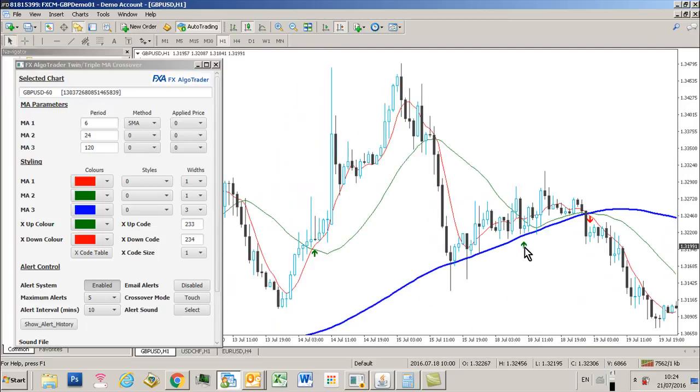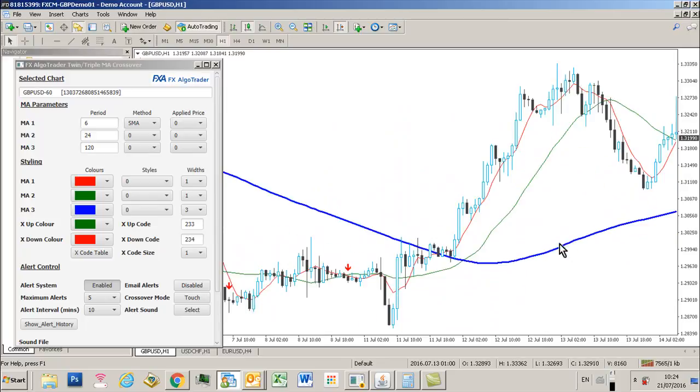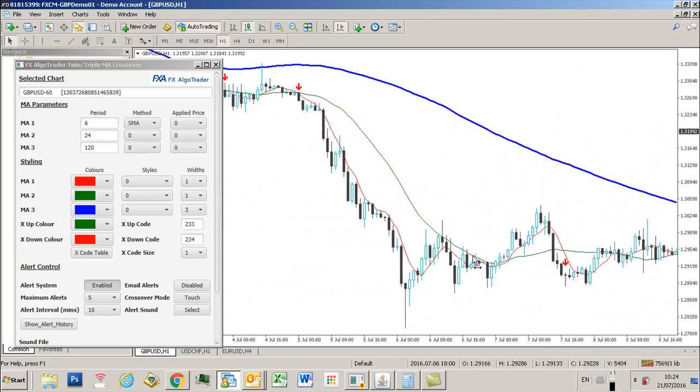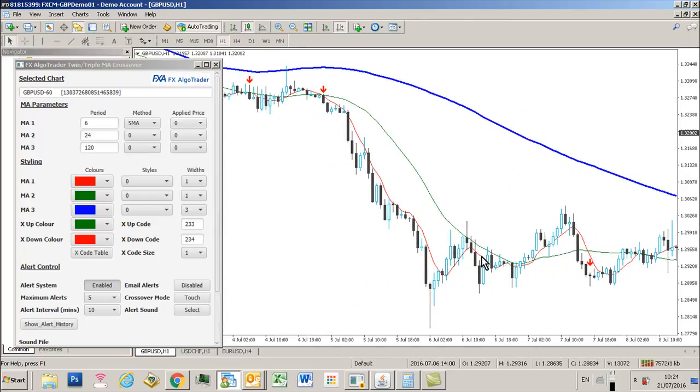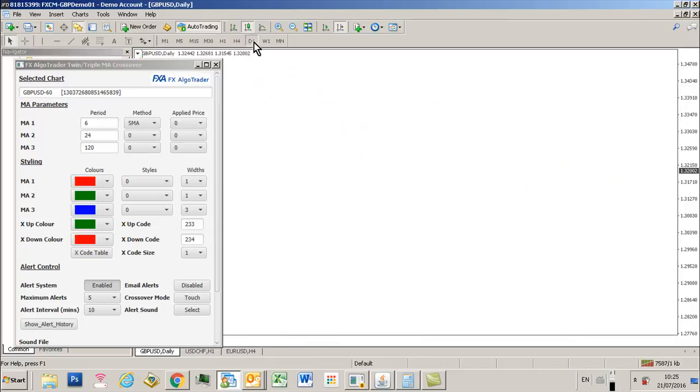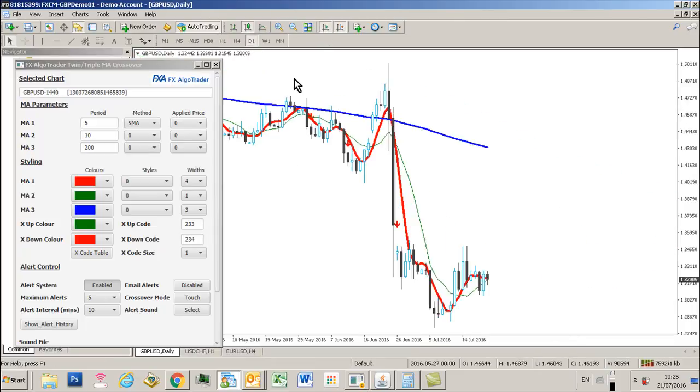So tune the system with a bit of thought around the time frame you're trading and what the long-term moving average is. Don't just use an arbitrary figure, think about what you're doing a little bit. Let's have a look at the daily. This is using a 5, 10, 200, which is an awfully long time frame for that long period.